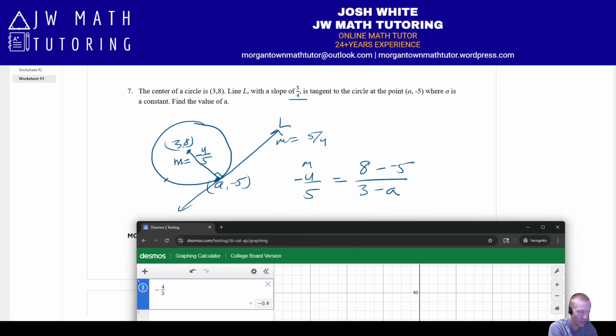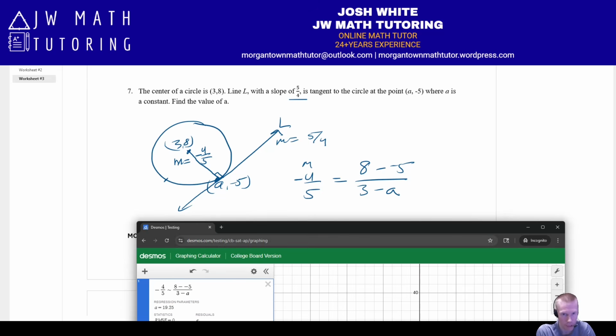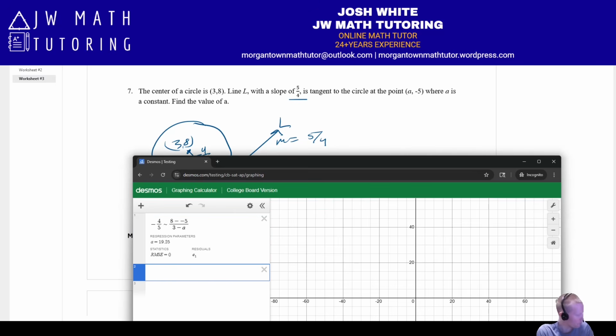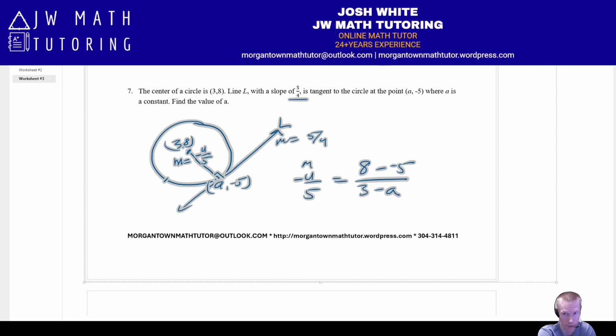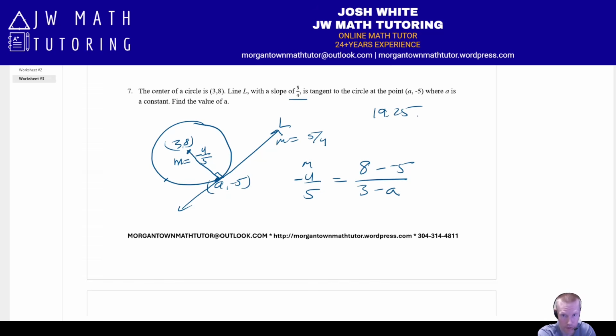So let's see here, negative 4/5 tilde 8 minus negative 5 over 3 minus a. What do we get for a? It looks like we get 19.25, or in fraction form, 77 over 4. So that would be the correct answer.